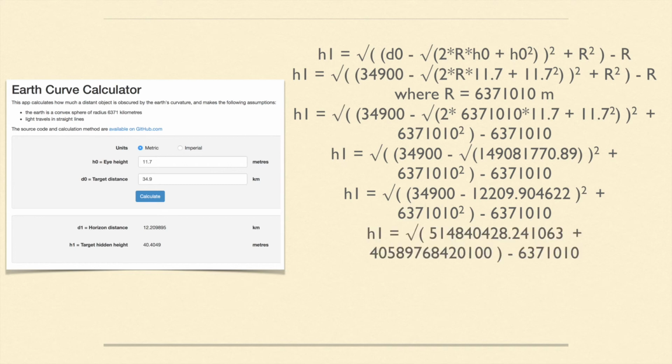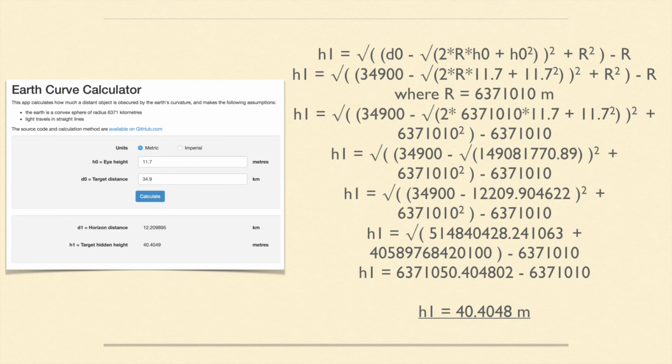So now I calculate what is inside this square root here, and this is the R. Not changed. And I calculate the square root of what is inside the square root and withdraw the radius, and I end up with a target hidden height of 40.4048 meters.